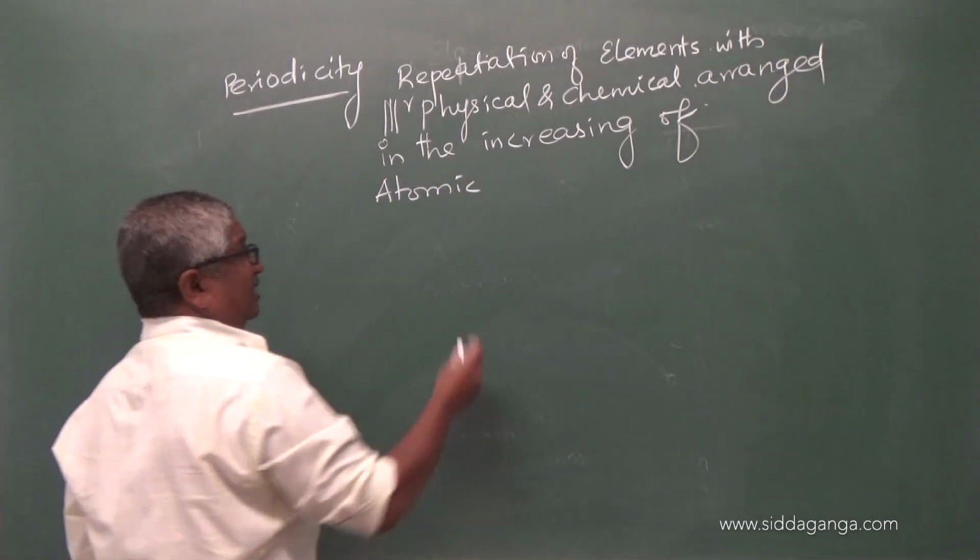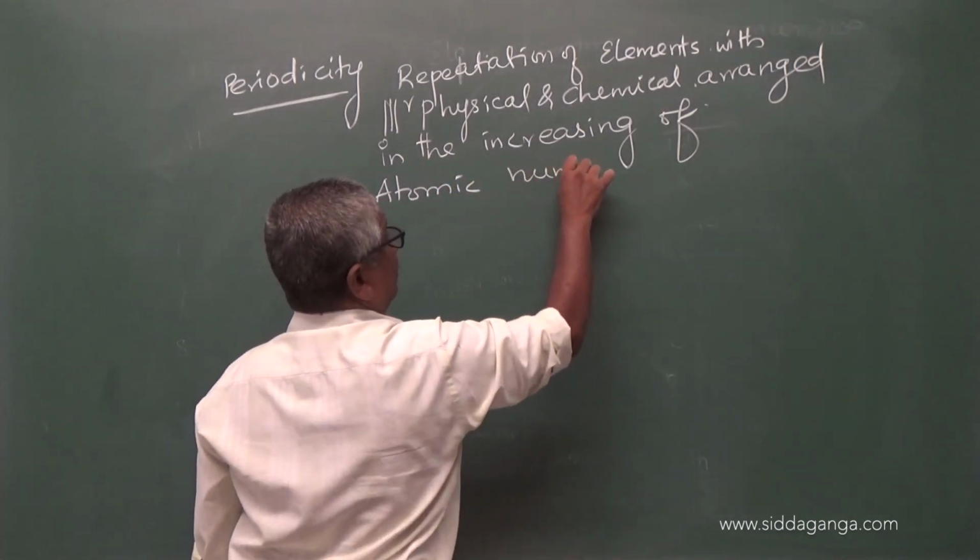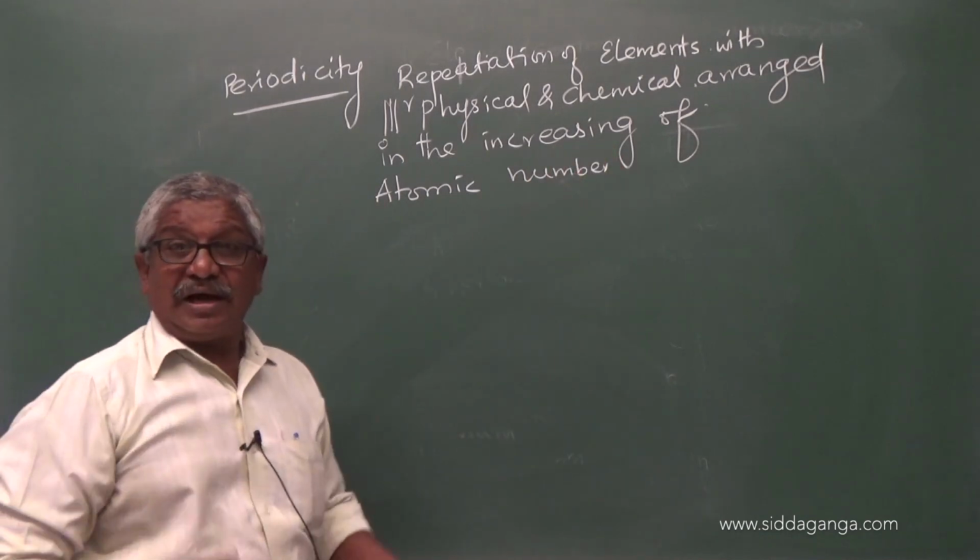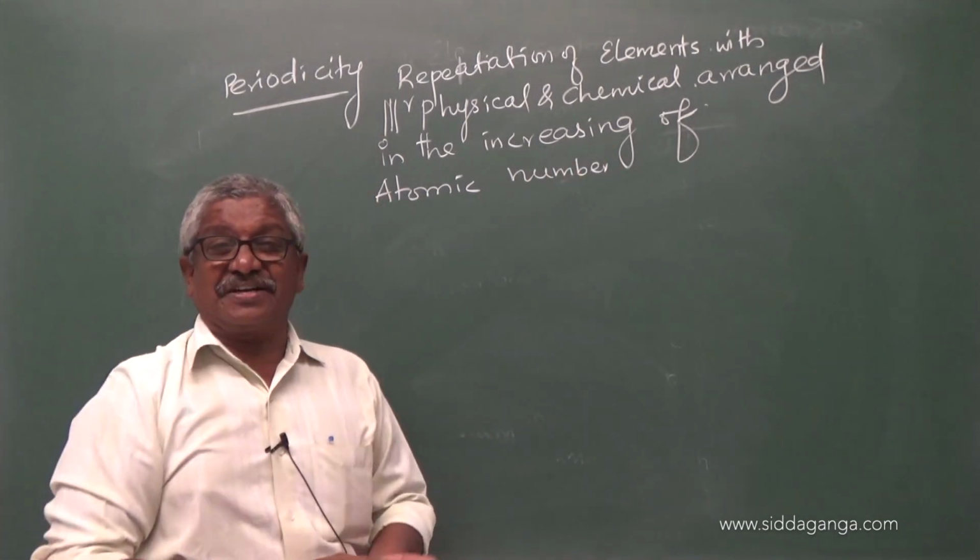Arranged in the increasing order of atomic number. So now you know what periodicity is: arrangement of the elements in the increasing order of atomic number.